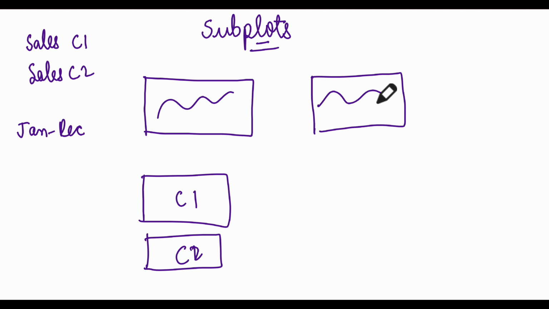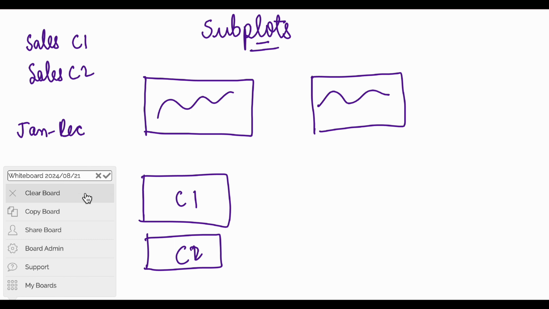It is a very interesting concept of subplots. Technically, a subplot is generating multiple charts in the same white space. So first of all, step one is to define your white space where you want to create your charts. For example, let's say you define this particular white space.